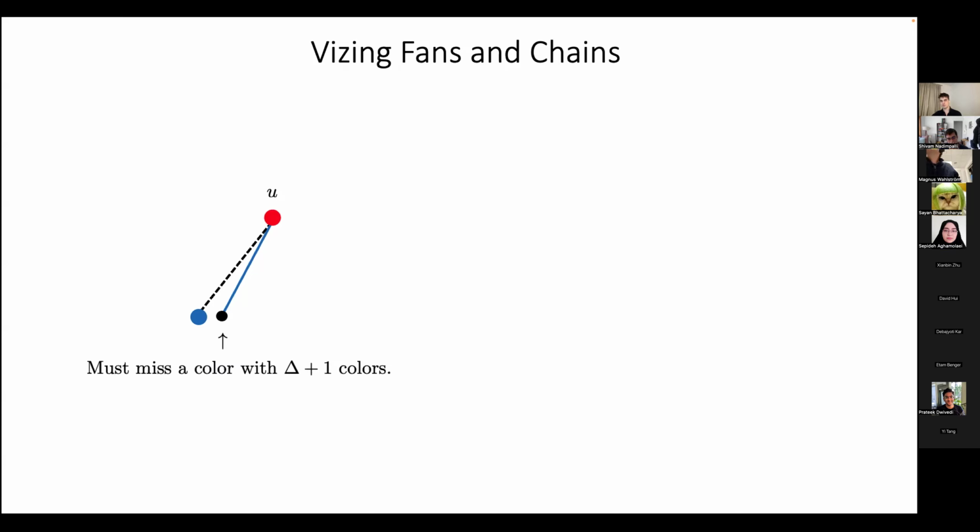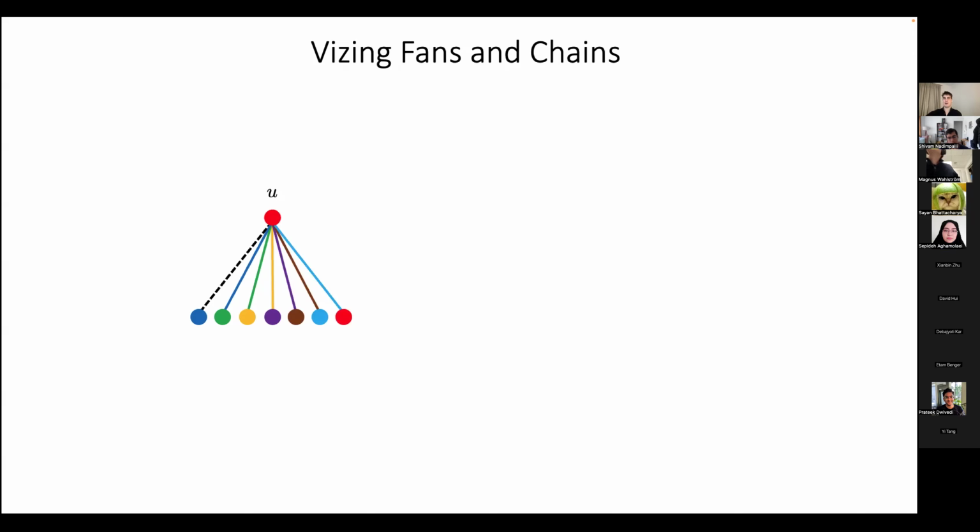And because we have delta plus 1 colors, this other endpoint will be missing some other color. So let's say this is green. Then we consider the green edge incident on U, and the other endpoint of this edge will be missing some other color. Let's say that this is yellow. And we just continue this process, adding more and more edges to this fan, as we call it.